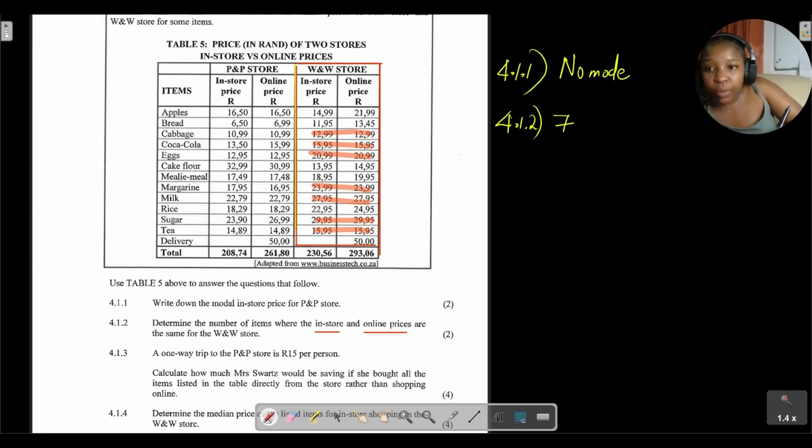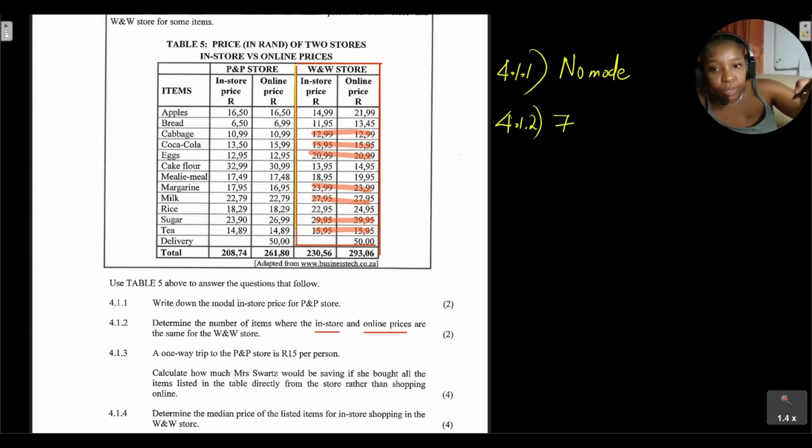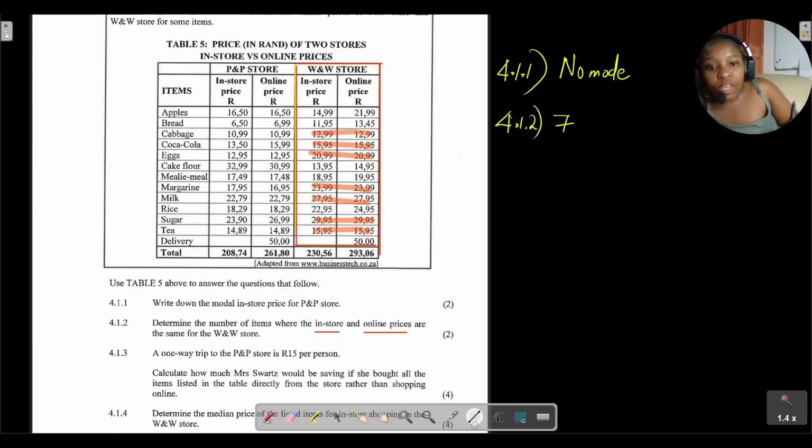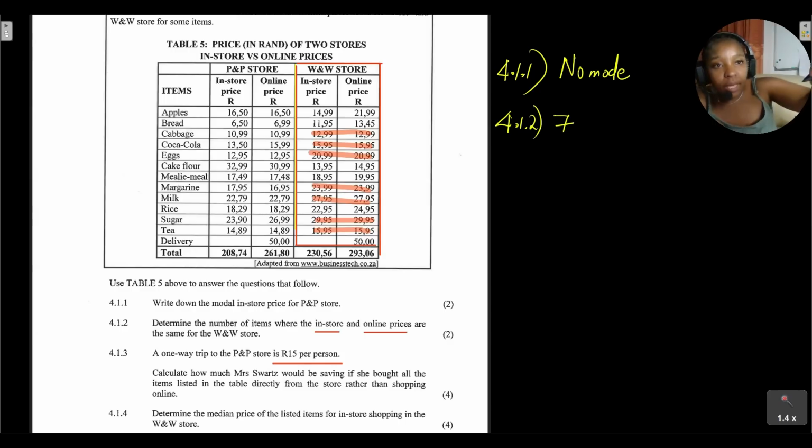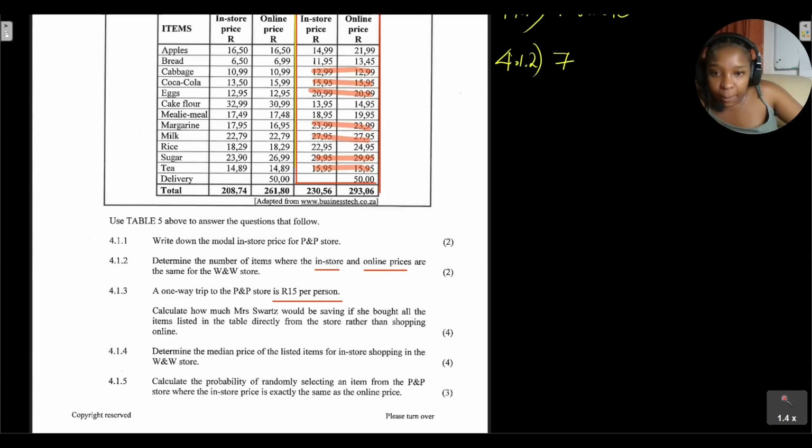Question 4.1.3. A one-way trip to the PNP store is 15 rand. So if Mrs. Swartz goes to the store, it's 15 rand per person. Calculate how much Mrs. Swartz would be saving if she bought all the items listed in the table directly from the store rather than shopping online.